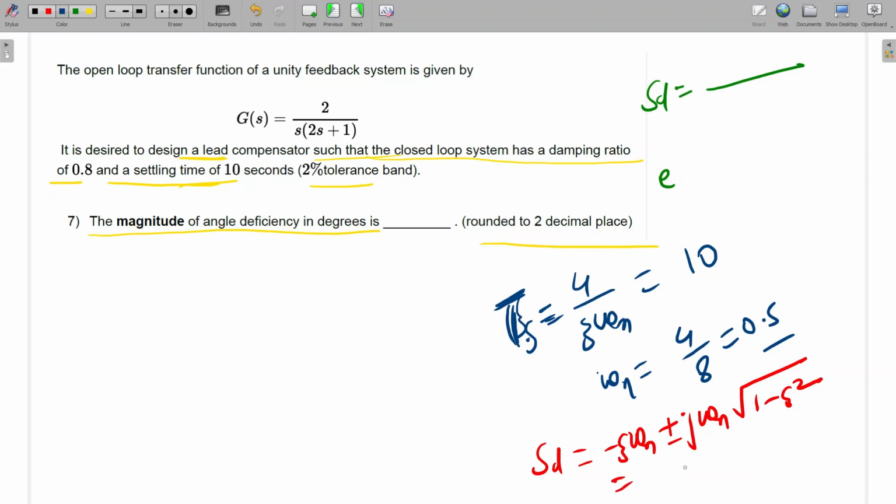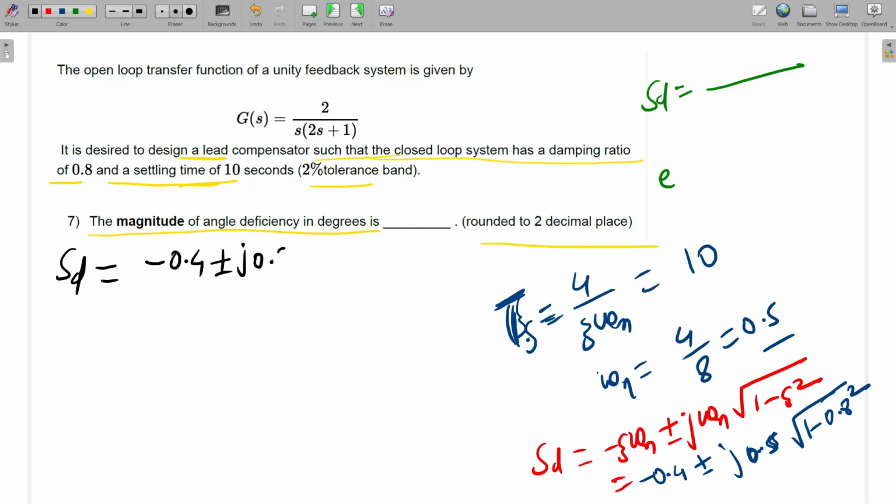So this will be minus 0.4 plus or minus j times 0.5 into the square root of 1 minus 0.8 squared, which is equal to 0.3. So our desired pole is minus 0.4 plus or minus j 0.3.